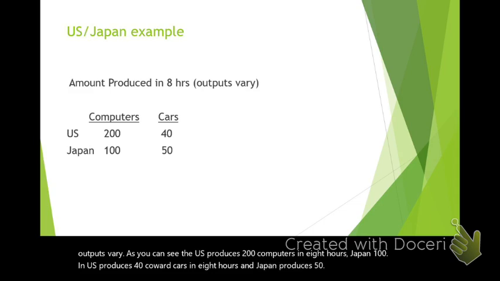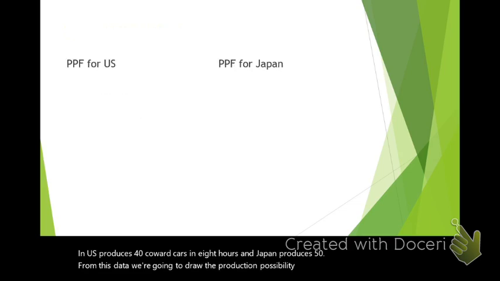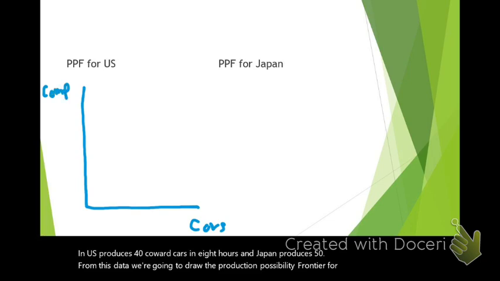From this data, we're going to draw the production possibility frontier for both the U.S. and Japan. For the U.S., we have cars and computers on the axes, and we will say here that if the U.S. totally specializes in computers, they can produce 200, so that puts us at that data point.